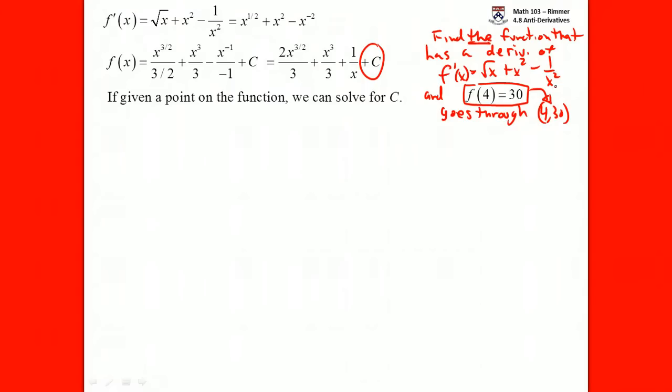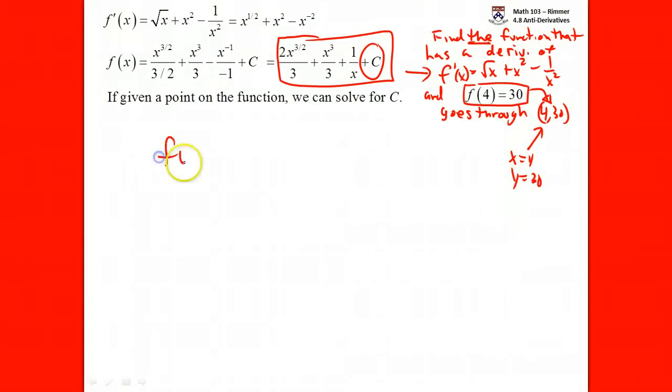We've done the work. We know all functions that have this guy as their derivative, but we want the exact function that has the quality that it goes through (4, 30). When x is 4, y is 30. That's how you translate that.